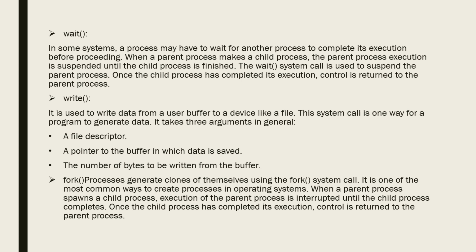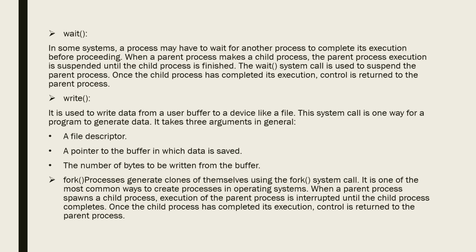Fork method. It is a process that generates clones of itself using the fork system call. It is one of the most common ways to create processes in an operating system. When a parent process spawns a child process, execution of the parent process is interrupted until the child process completes.